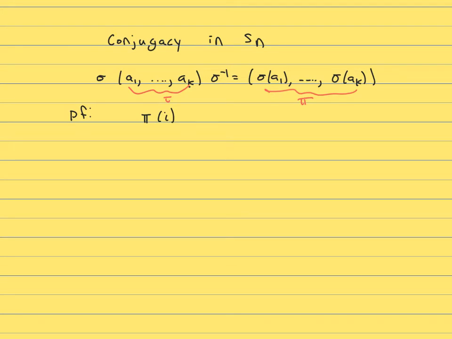We see that we're in different cases. If i is equal to sigma of a_j for some j, then pi of i is equal to sigma of a_{j+1}. That's exactly what this cycle is doing. Here it's understood that k plus 1 is 1 again.